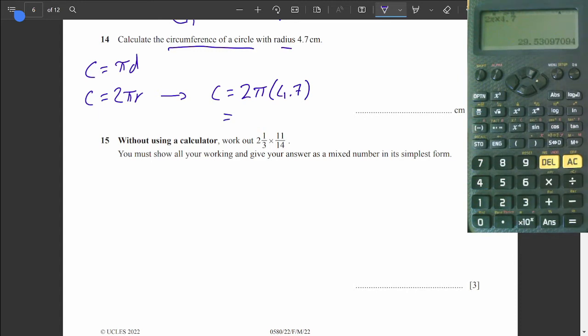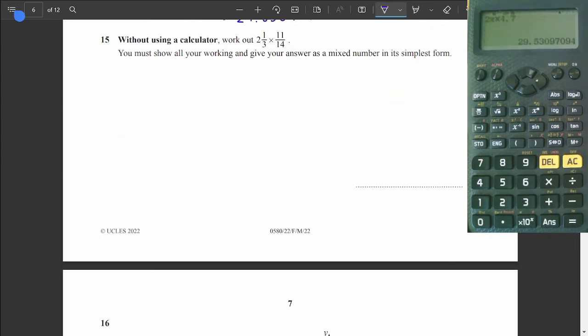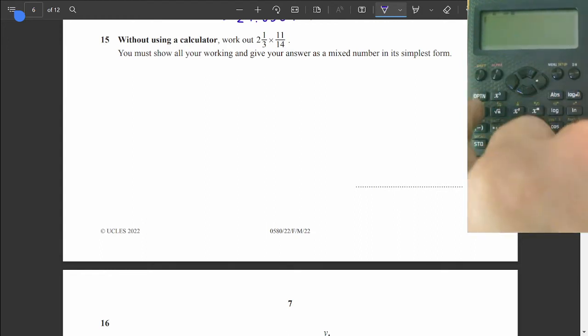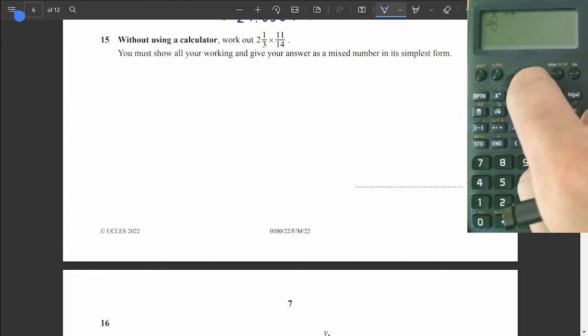And we get 29.5309, etc. To three significant figures, 29.5.